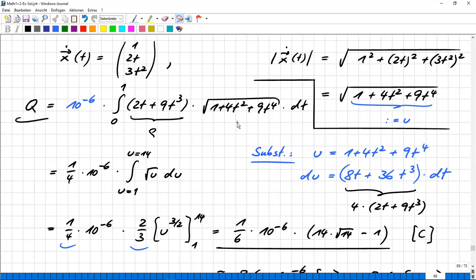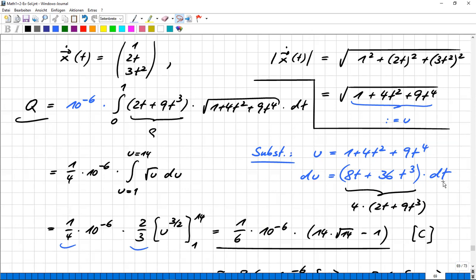And now look, in order to solve it, we have to use a certain substitution. So that's clear. Because this is a nested function, it would be a case for the chain rule when differentiating. So we must, in some way, use the inverse chain rule, which is called substitution. And that's what I'm doing. I just try and substitute the radicand for u. So u equals 1 plus 4t squared plus 9t power 4. If I do so, I have to take the differential form also.